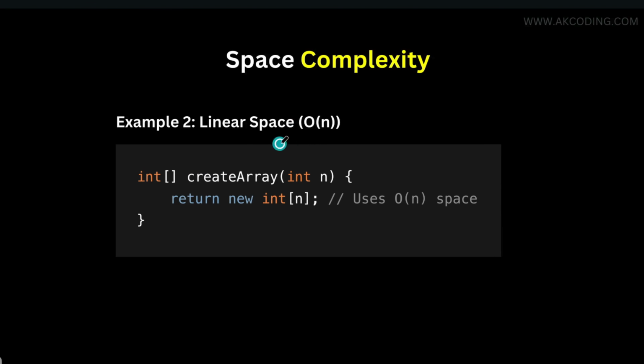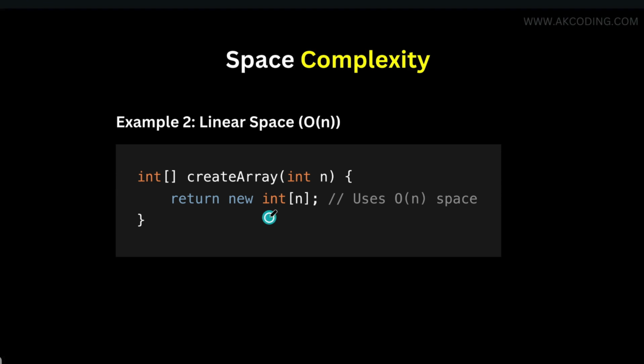Now let's take the second use case, that is linear space, that is O of n space complexity. Here we have taken an example to create an array with the help of a function. Here is a function, create array, and it will take input value n, and we are creating a new array object based on the input size, right?